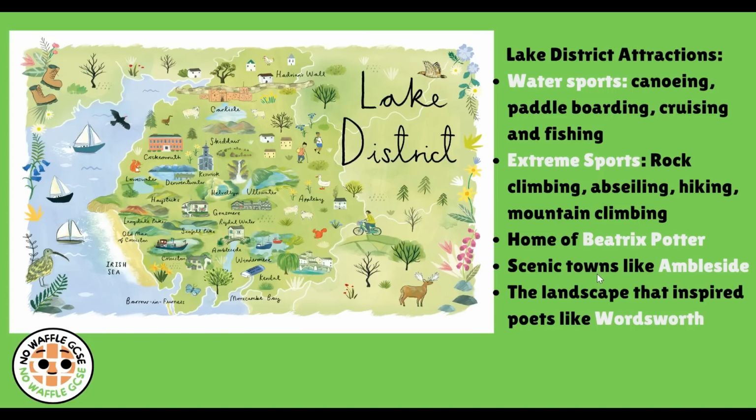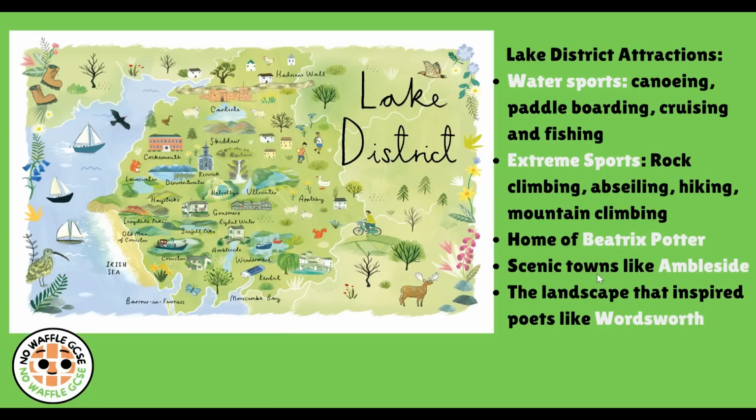You can see a really beautiful map on the left hand side, and there's many different attractions of the Lake District that people are drawn to. Firstly, which is not actually put on here too much, the landscape is beautiful and lots of people go there for sightseeing. There's also very scenic towns as well, like Ambleside, that are world famous. A lot of people go there for water sports like canoeing, paddleboarding, cruising, and fishing.